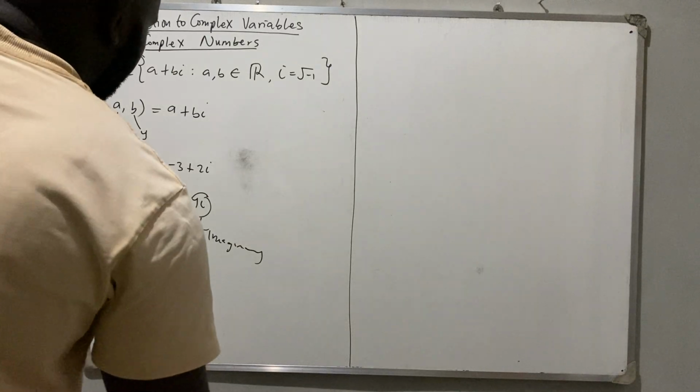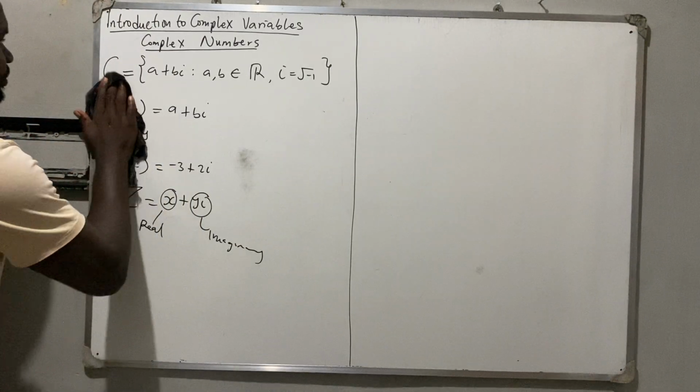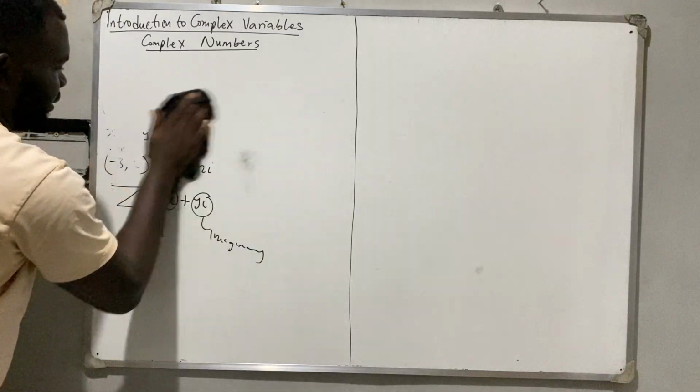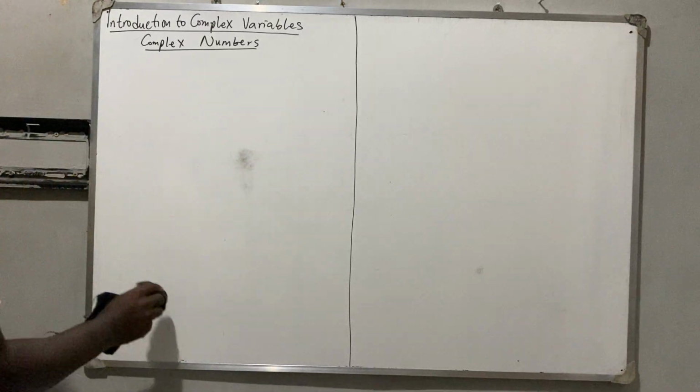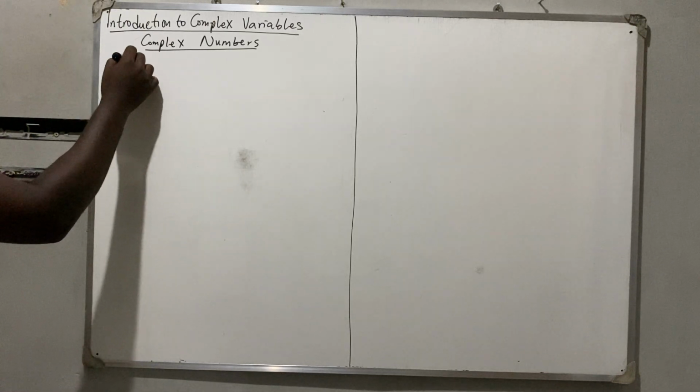So that will now lead us to what we call the Argand diagram. Now, Argand diagram is a way of representing your complex number in an xy plane or the Cartesian plane.